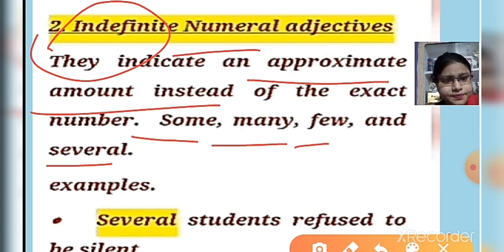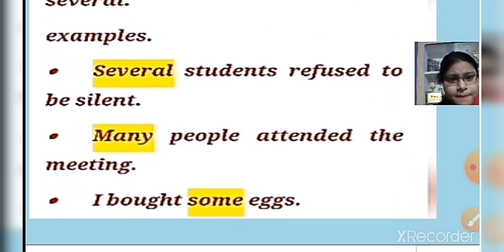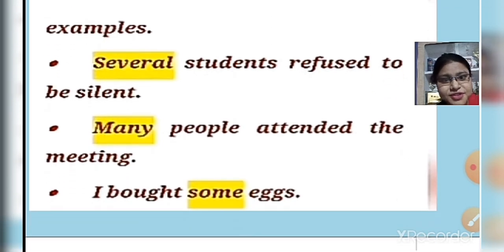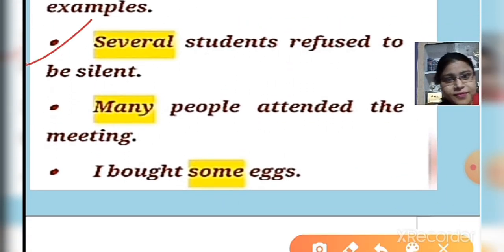The example. Okay, if we say some, it means there is something, some can be this and some can be that. Clear? So in this way we always have an approximate number. See the examples. Several students refused to be silent. Okay, several students. So the word several is an indefinite adjective. Then the second says, many people attended the meeting.